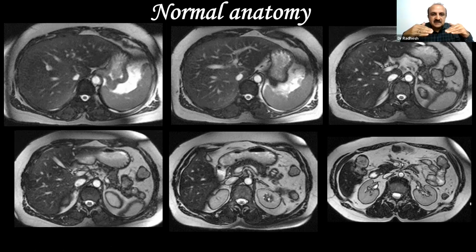Though we have sequences where we can do free breathing, we put respiratory gating on the patient. So this magnet is so intelligent, it picks up when the movement is relatively still and takes an image. But for gradient echo sequences, the patient has to just hold the breath so the movement is not there at all.